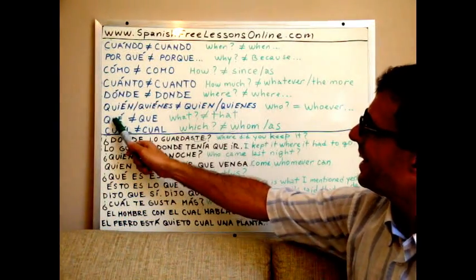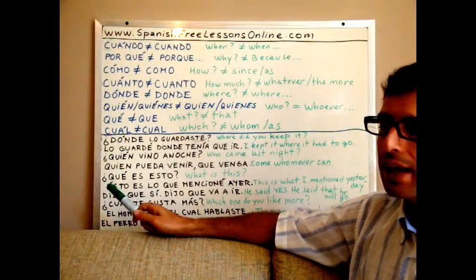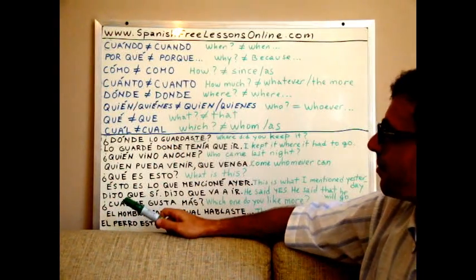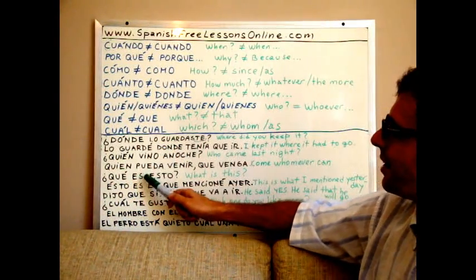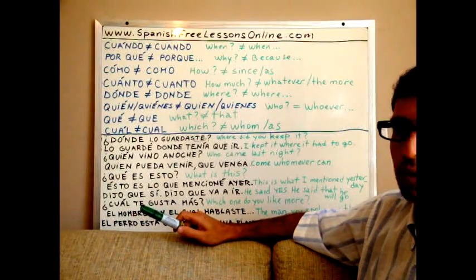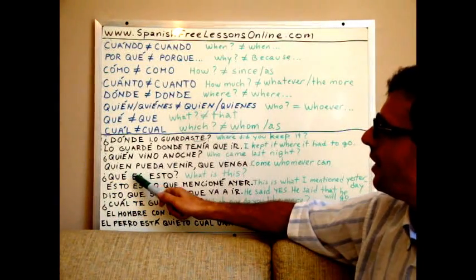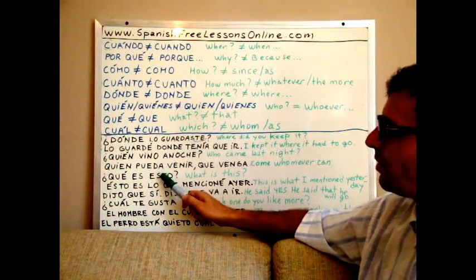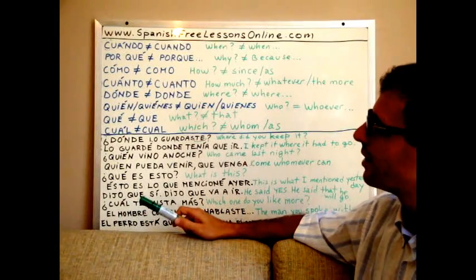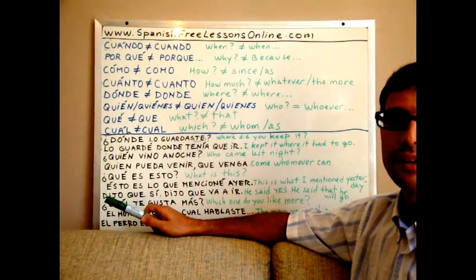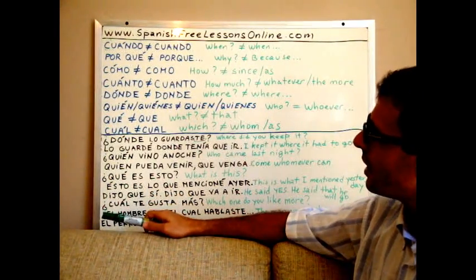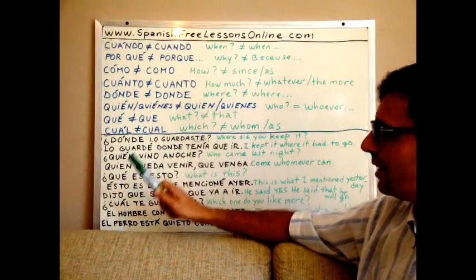Then we use que and que. Que as inquisition is ¿qué es esto? ¿Qué es esto? What is this? Esto means literally this. And ¿qué is what? Now, que without the tilde?